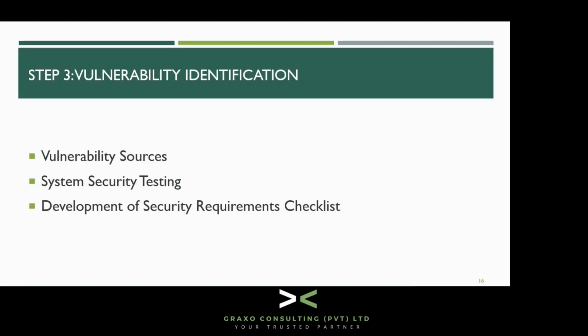Vulnerability identification can be done in multiple ways. Some of the ways mentioned here are vulnerability sources, system security testing, and the development of a security requirements checklist.